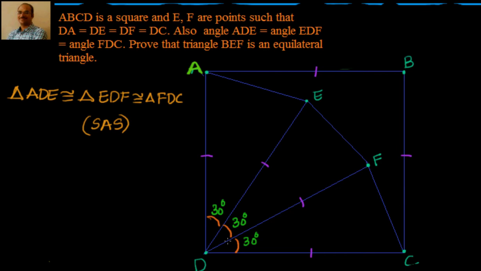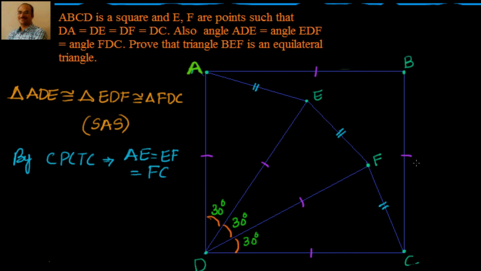All the angles are 30 degrees, and all the sides are equal, so all these triangles are congruent. Now by CPCT, or CPCTC, we know AE equals EF equals FC. So these lengths are equal.